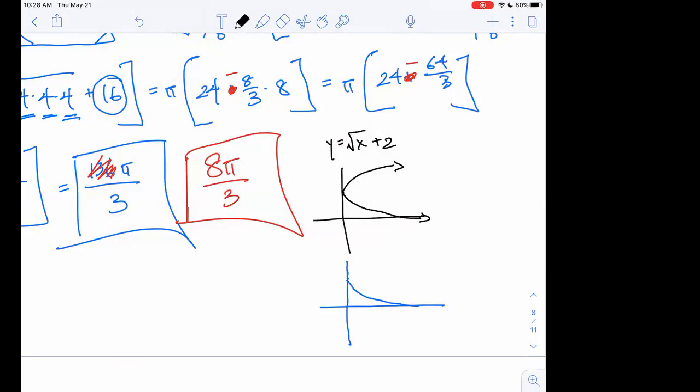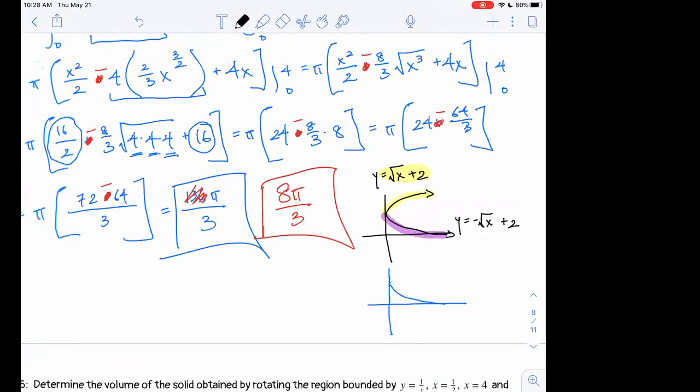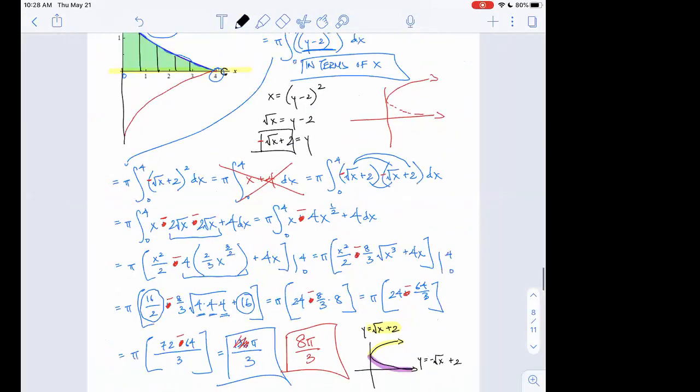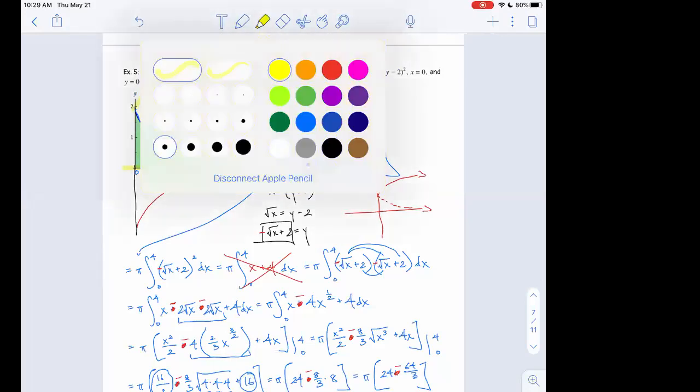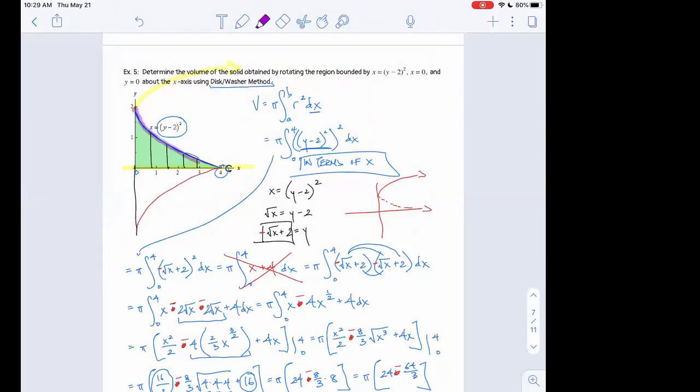So this curve is defining the top part, whereas the way that we define the bottom half of the parabola is y equals negative square root of x plus 2. And it's not the yellow one we want, but the purple one we want, because if we look back up here, the yellow one would have been like here, and the purple one is the bottom half of that parabola.